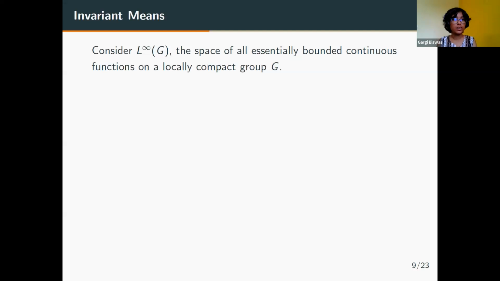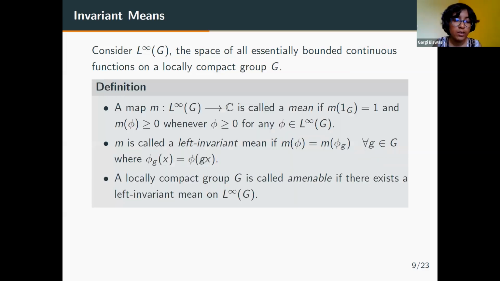So let's define amenability using invariant means. Consider L infinity G, the space of all essentially bounded continuous functions on a locally compact group G, and we say a map from L infinity G to C is a mean. So it's basically a functional on L infinity G. We'll call it a mean if m of the indicator function of G gives us 1 and m is also a positive functional.